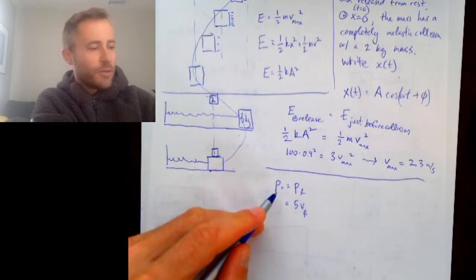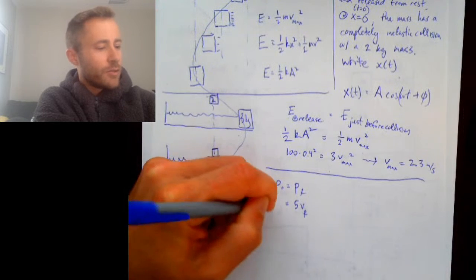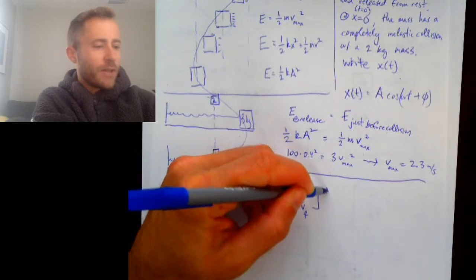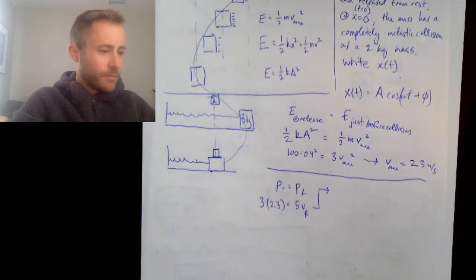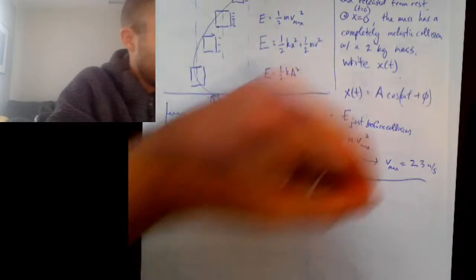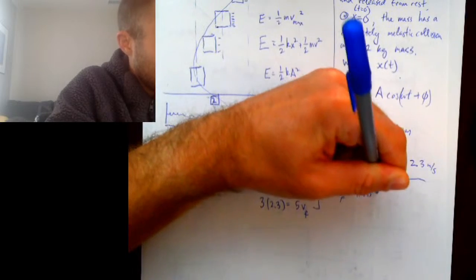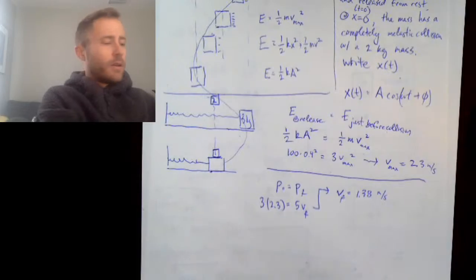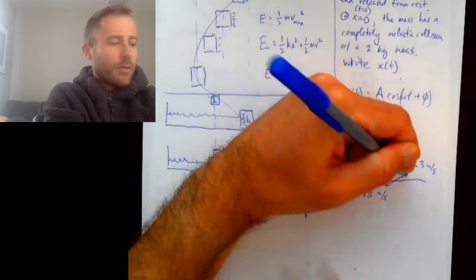The initial momentum is the momentum of the 3 kilogram block, which is 3 times 2.3. So we can find the speed after the collision, and that gives 1.38 meters per second. You can see that it slowed down a little bit. It went from 2.3 to 1.38.